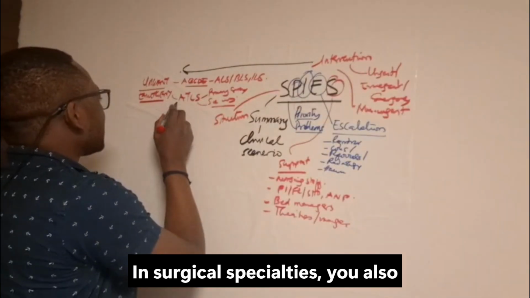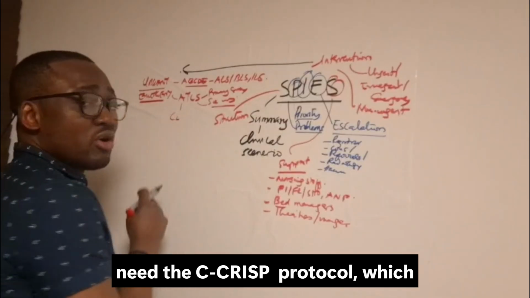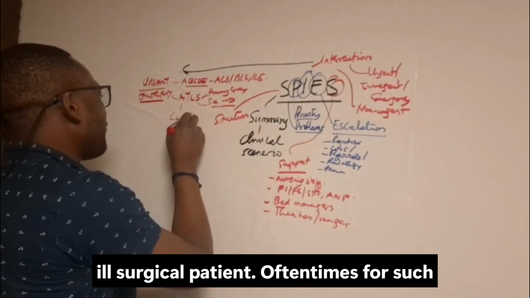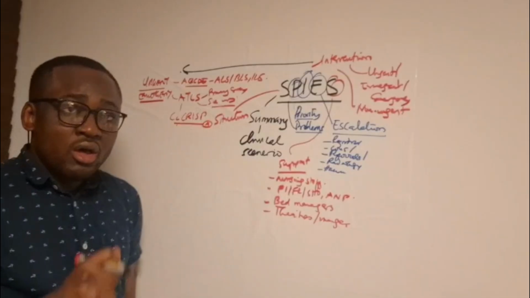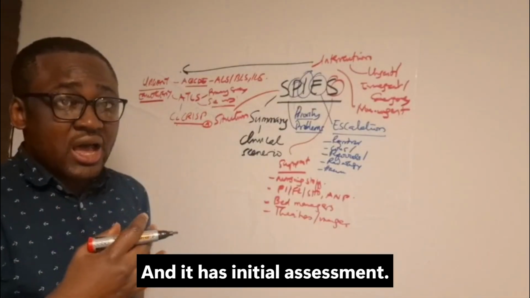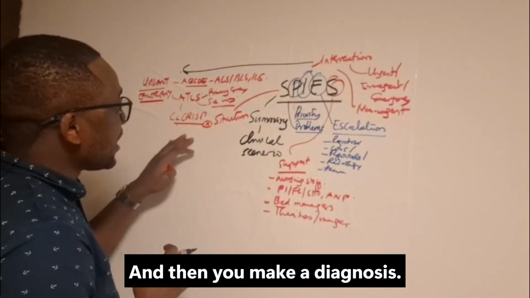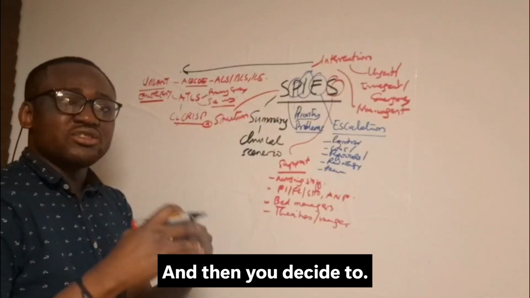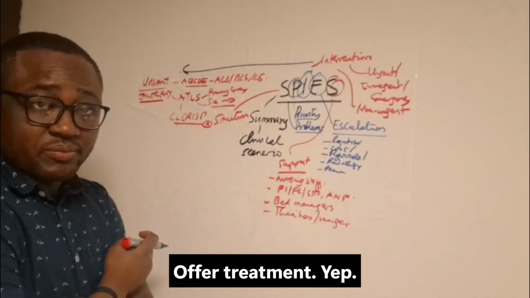In surgical specialties, you also need the CCrISP protocol, which is the care of the critically ill surgical patient, often for surgical patients on the ward. It has an initial assessment, then you make a diagnosis, and then you decide to offer treatment.